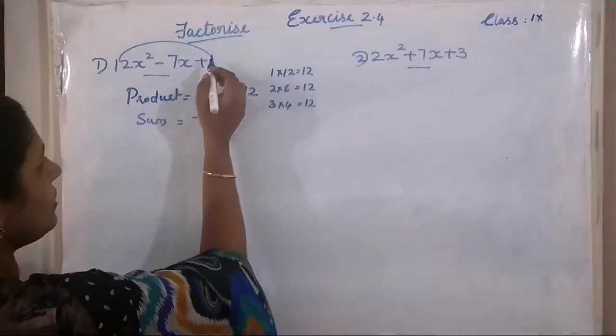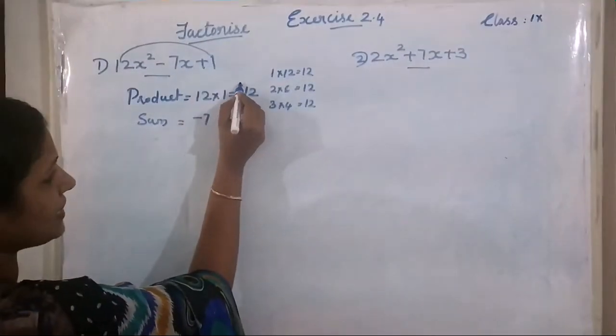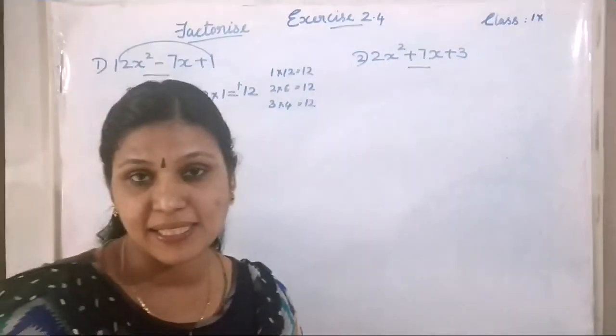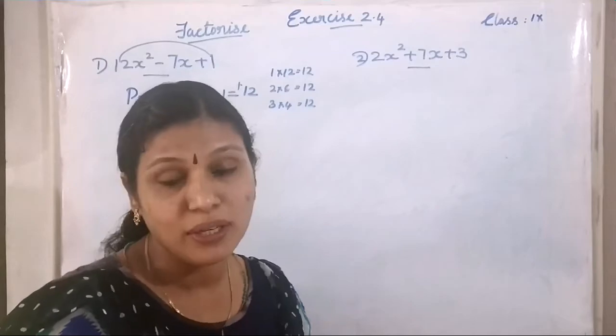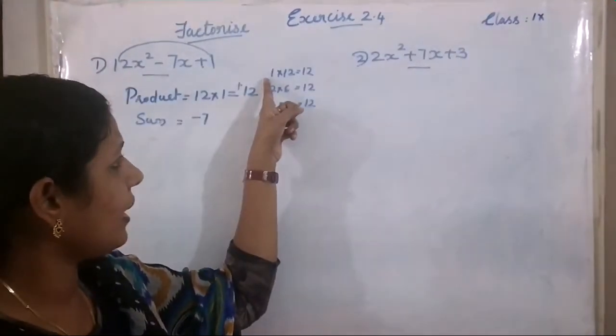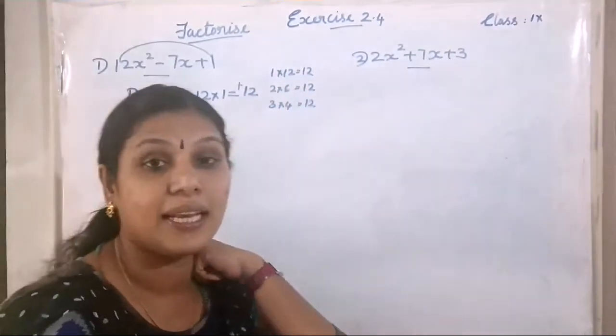Now we check the sign. The product sign here is plus, so we select either both numbers positive or both numbers negative.